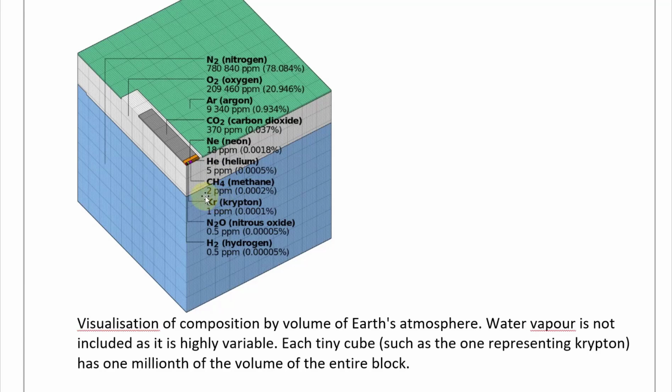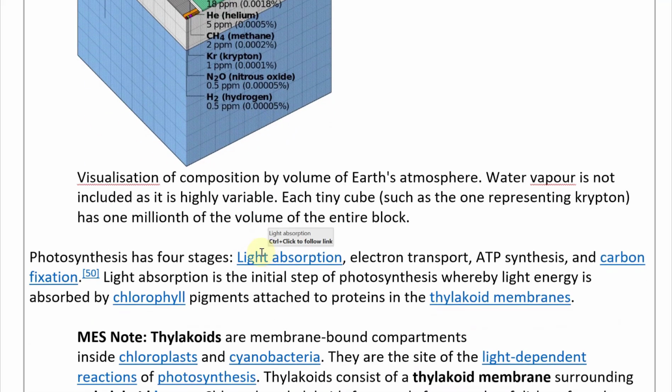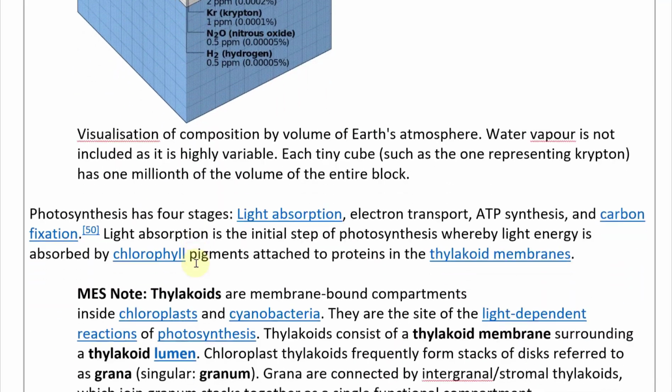CH4, methane, is 2 parts per million. Krypton is 1 part per million. Then N2O, nitrous oxide, is 0.5 parts per million, and H2, hydrogen, is 0.5 parts per million as well, so 0.00005%. Absolutely fascinating. Let's continue further.